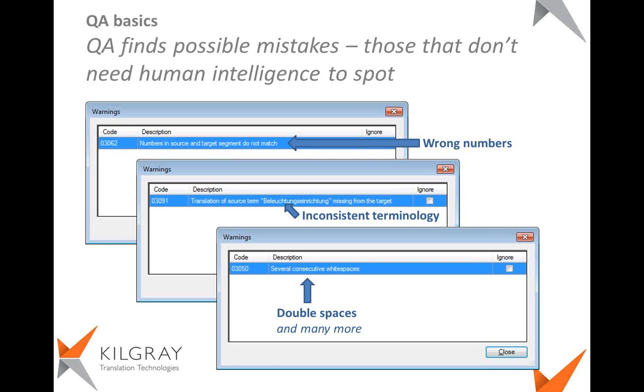And there are many more checks. So a QA module finds things like this. There are many more types of checks in MemoQ. I'm going to give you an overview of those later on, but I believe you get the idea from this.